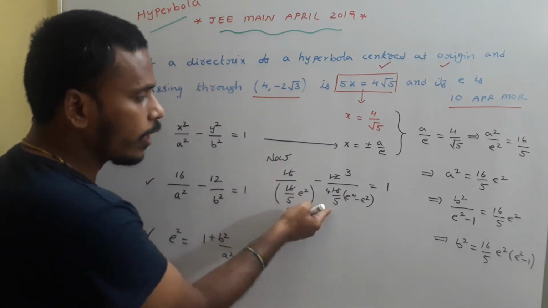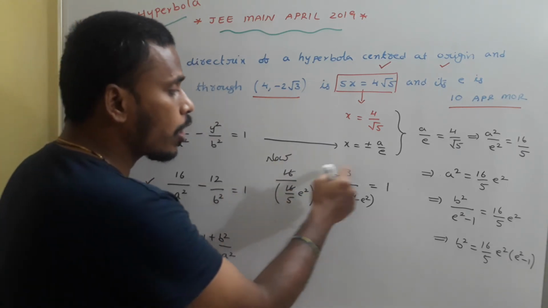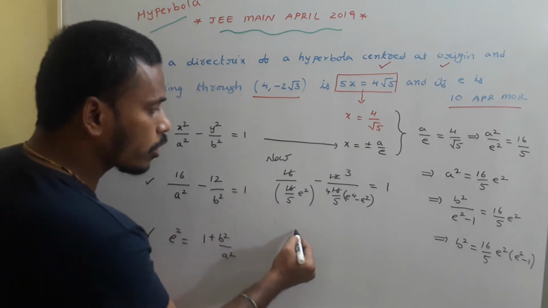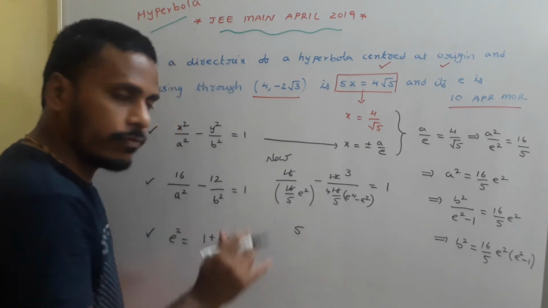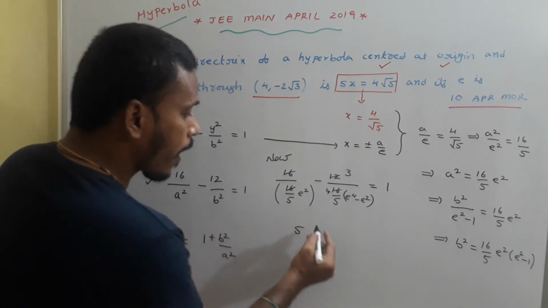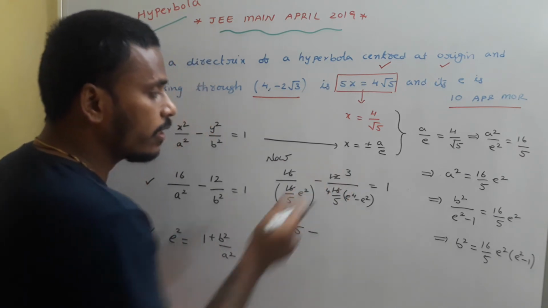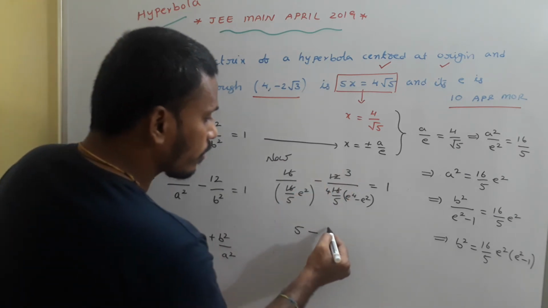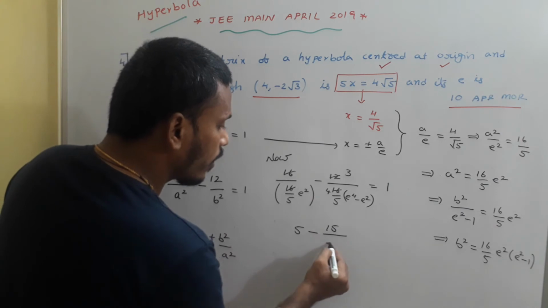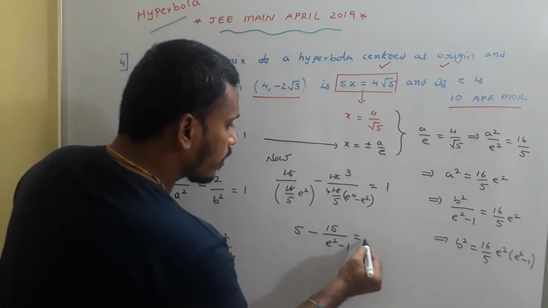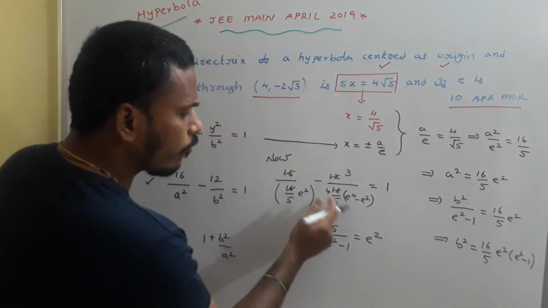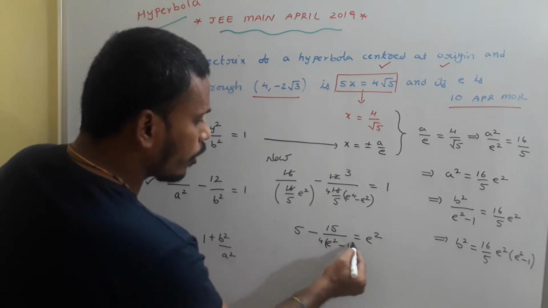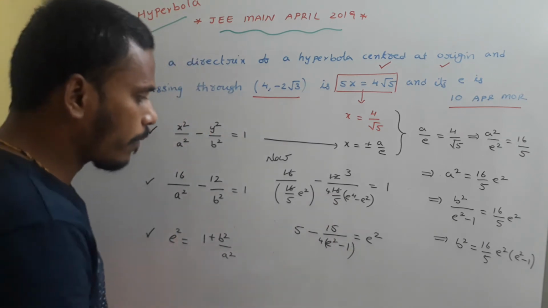Then send this 5 to the numerator and multiply all these with e square. Then what you will get? This is just simply 5, minus, send this 5 here, 15 divided by e square minus 1 is equal to e square, because we have 4 also here, right? 4 into e square minus 1.